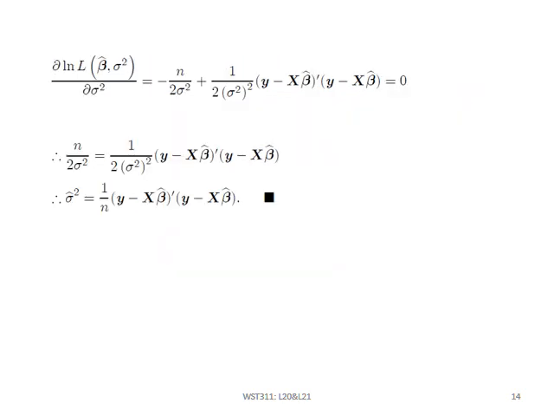In order to derive the estimator for sigma square, we first substitute beta hat for beta in the log likelihood. Then we take the derivative towards sigma square, set it equal to 0 and solve, which gives us the expression for the maximum likelihood estimator for sigma square.